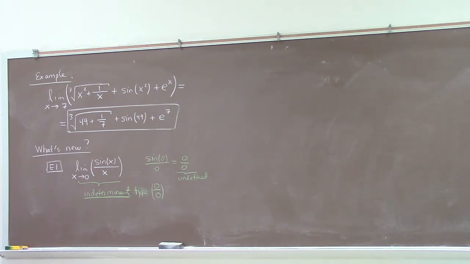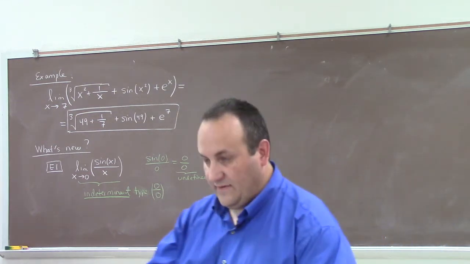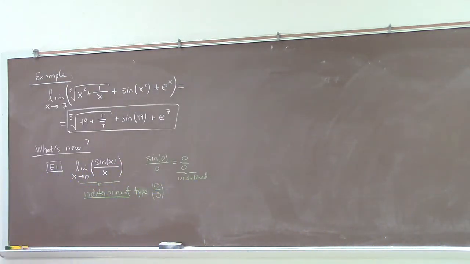All right, so when you look at the notes later, I have a table of values. And if you look at the table of values, I have x going closer and closer to 0, and the values of sine x over x get closer and closer to 1. So you can numerically poke values of x that are closer and closer to 0, and look at how sine x over x gets closer and closer to 1.